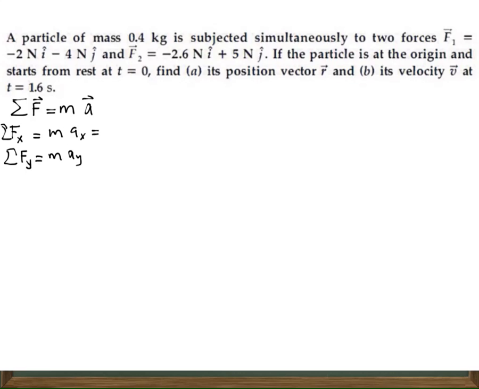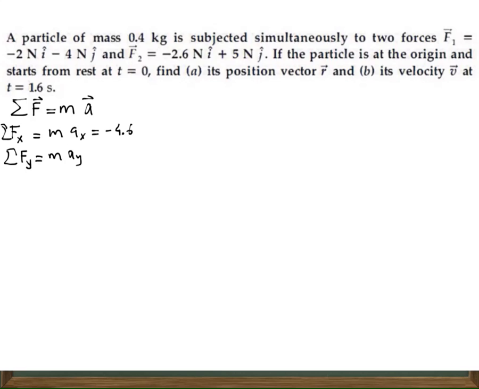This is equal to, since force 1 has x component -2, and force 2 has x component -2.6, then the total force in the x component is -4.6. Right?